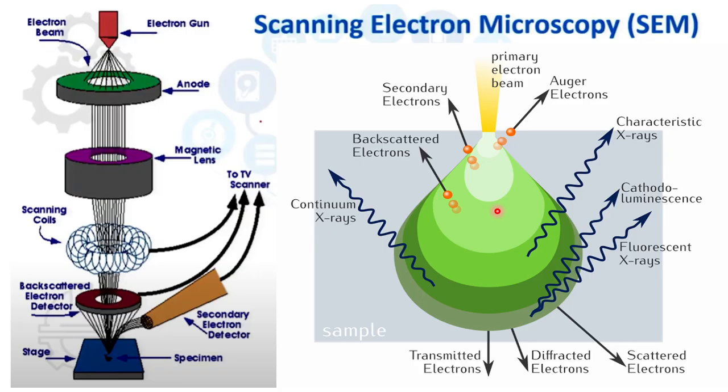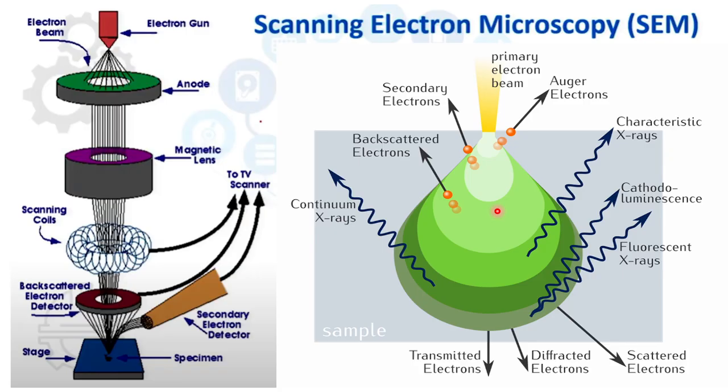Exactly, your detector will be different to detect different electrons, and based on that you have different electron microscopes. Based on which electron or which characteristic radiation you are detecting, you are naming whether it is a scanning electron microscope or a transmitted electron microscope. In that way it is named by which electron you are detecting, but all possibilities are there.